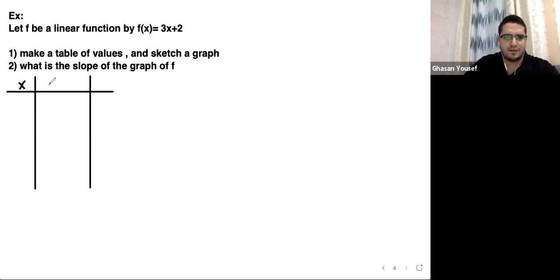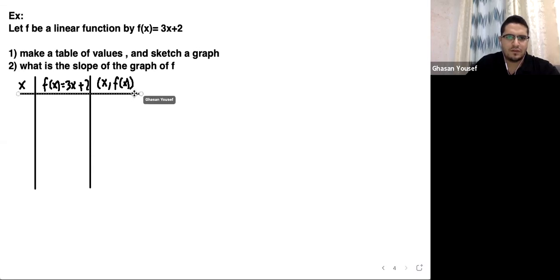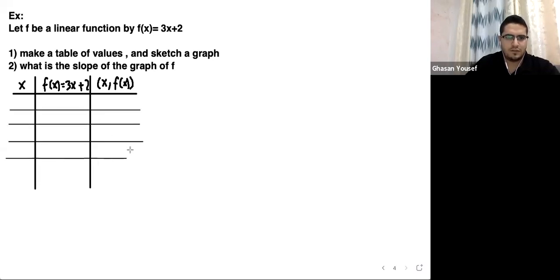So here is x, here's f of x, 3x plus 2, and here we have x comma f of x. So we're going to choose random points.